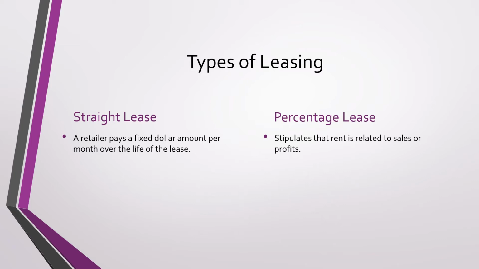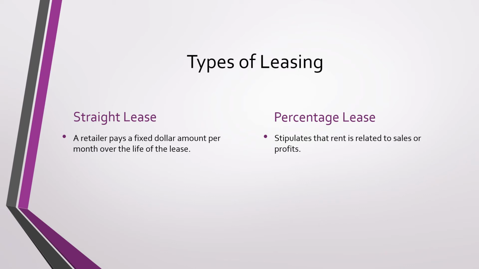And with the straight lease, it is determined by every square foot. So you could have like $25 every square foot, and that's going to be the rent.